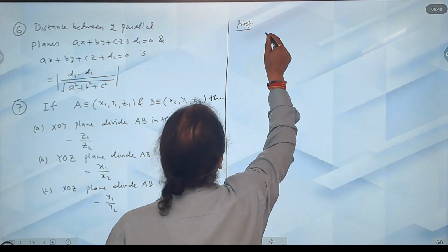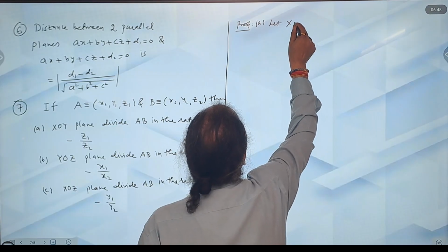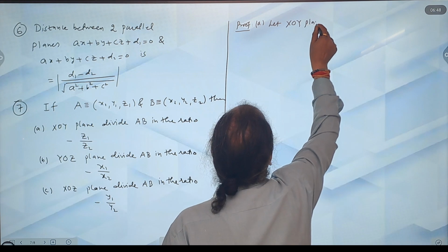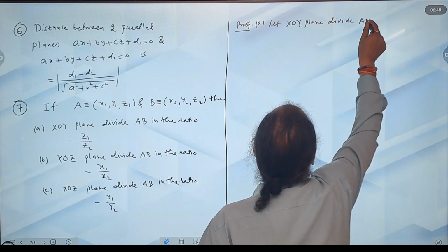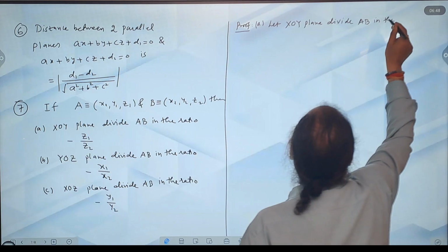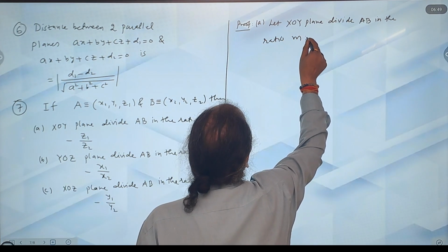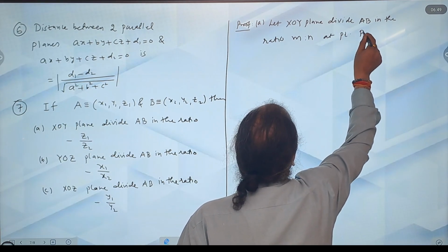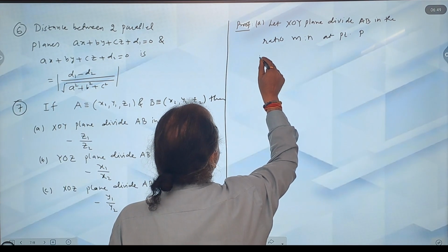I'll give proof of the first only. Let the XOY plane divide AB in the ratio m:n at point P. So P lies on the XOY plane.